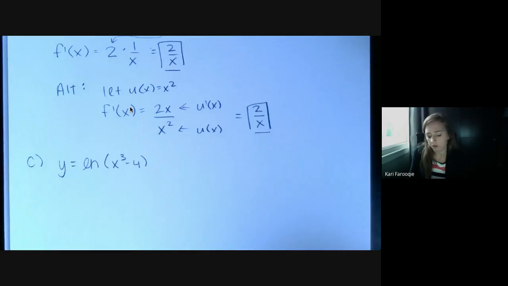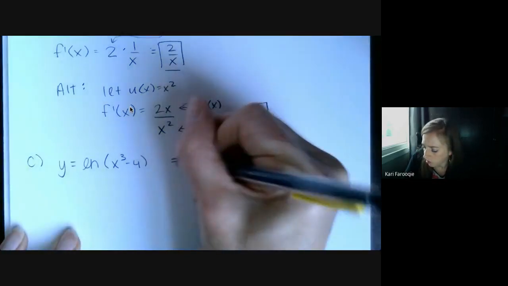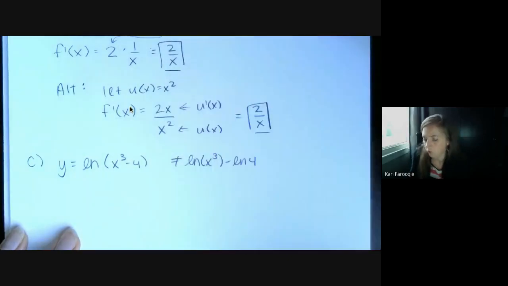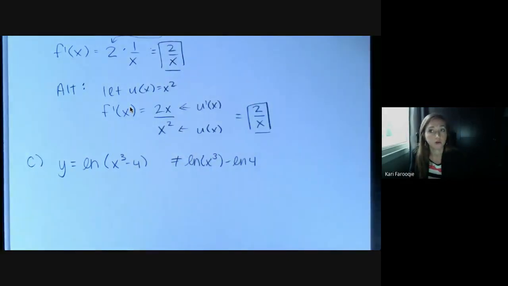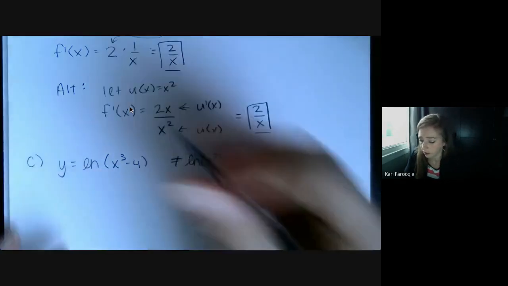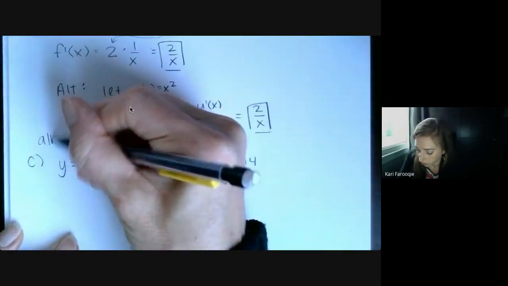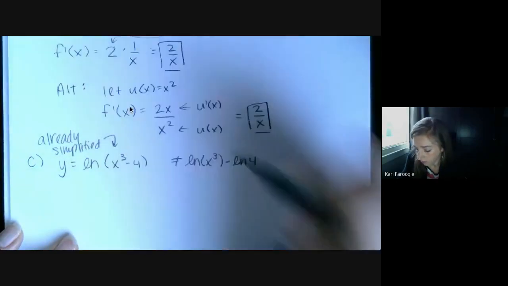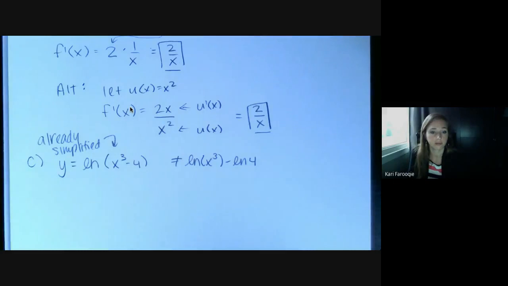And I want to make a special note that this does not equal the natural log of x cubed minus the natural log of 4. It does not work like that. You don't have a rule for the log of a sum or difference. There's nothing you can do here to simplify this. It's already simplified. We cannot rewrite this.